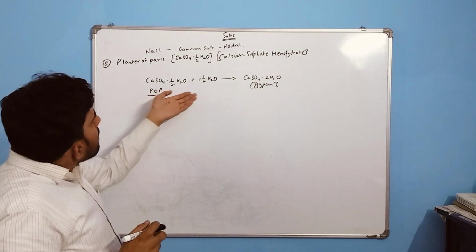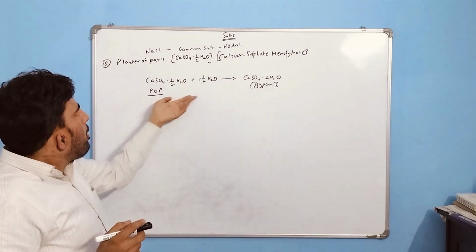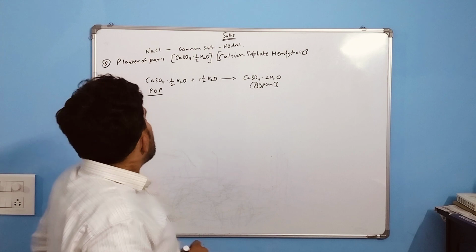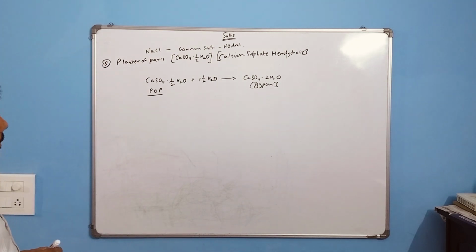It is a white powder, and when mixed in water, it gives the hard mass gypsum.